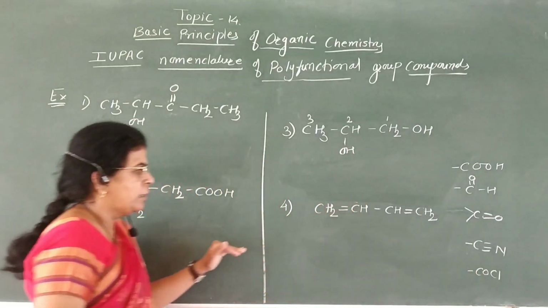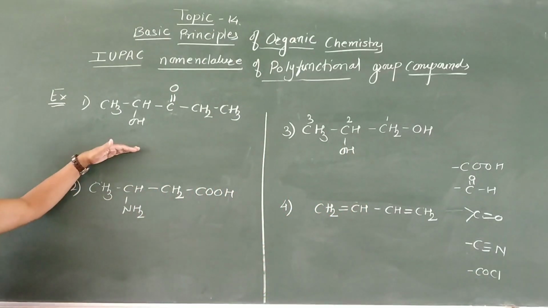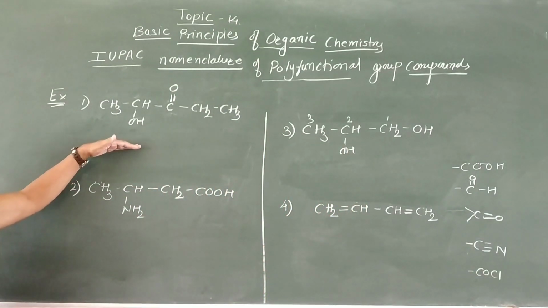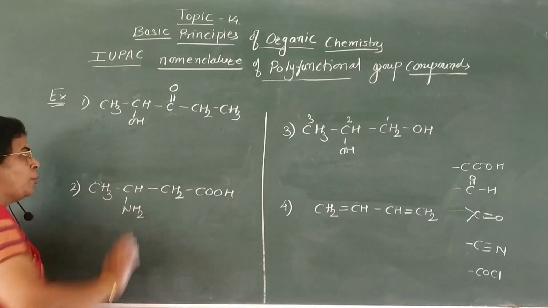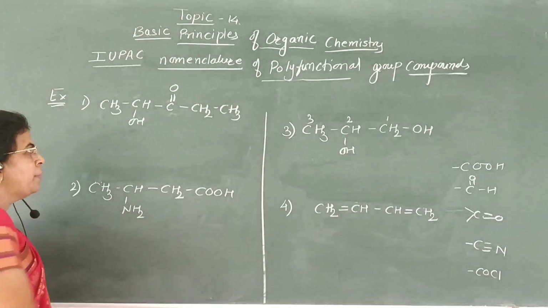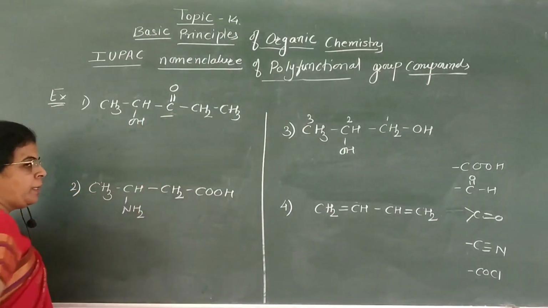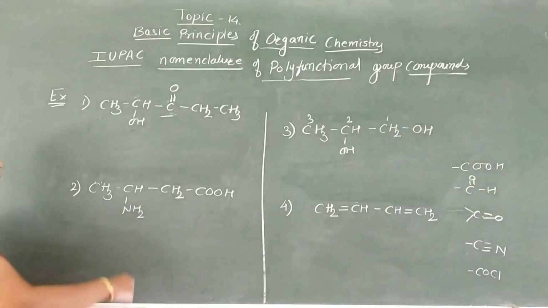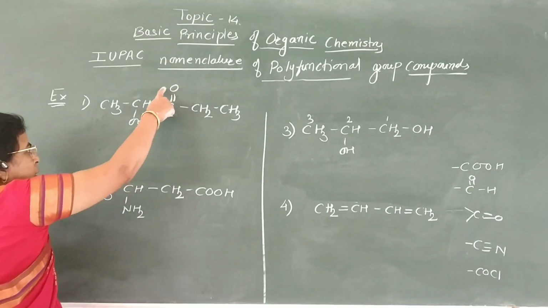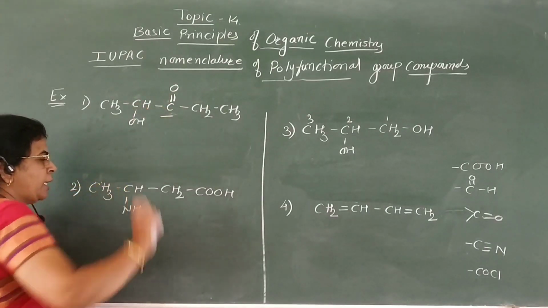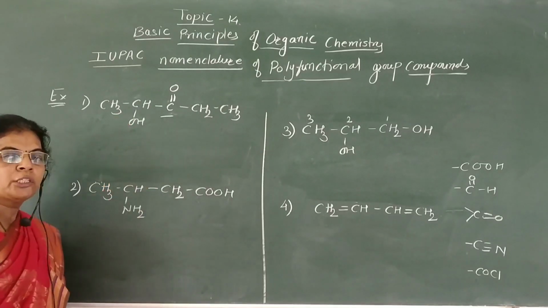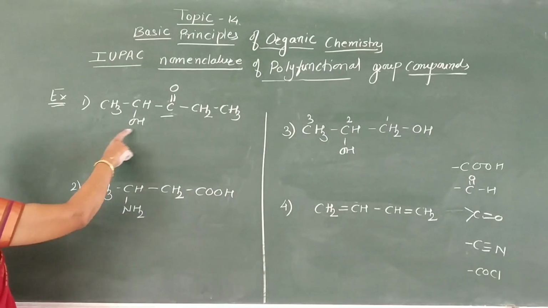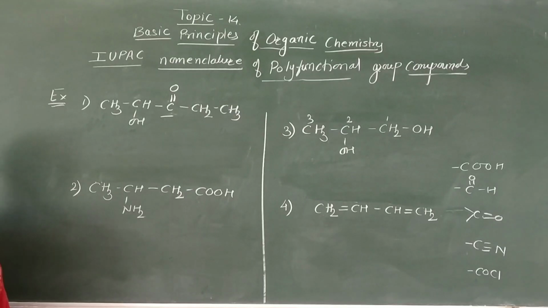And when the compound possesses more than one functional group, then the functional group which possesses carbon atom is taken as the principal functional group. Therefore, preference is given to this functional group which contains carbon atom, and the other functional group is taken as the substituent. Now we are going to give name for this compound.